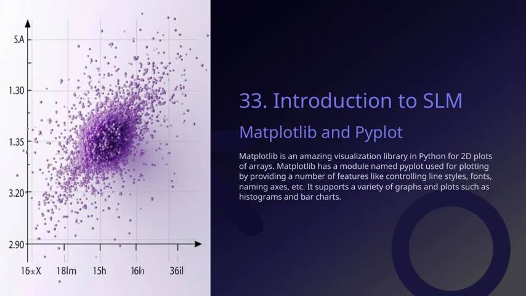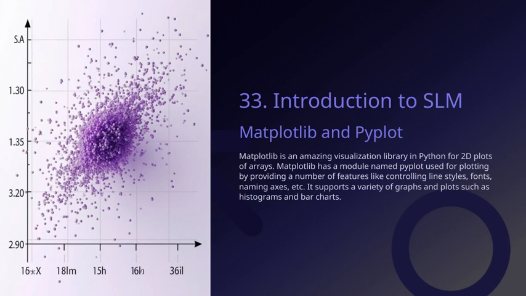It offers a variety of features, such as controlling line styles, choosing fonts, and labeling axes, all essential for making your visualizations clear and professional. What's great about Matplotlib and pyplot is their support for different kinds of graphs and plots. Whether you're looking to draw histograms to understand data distributions or bar charts to compare categories, this library has you covered.